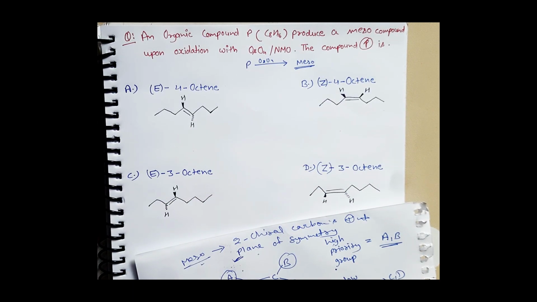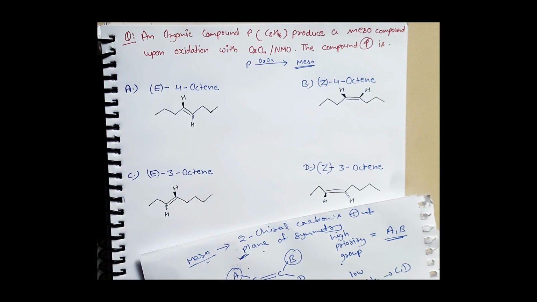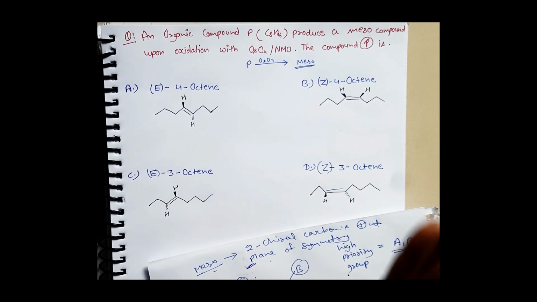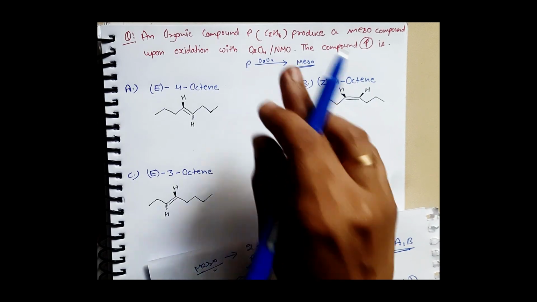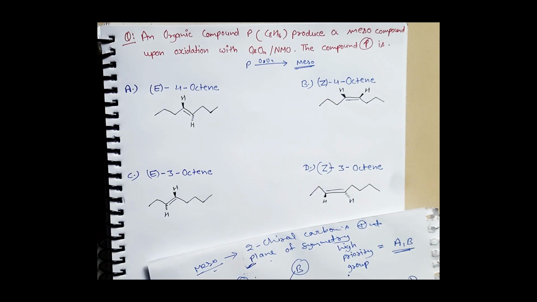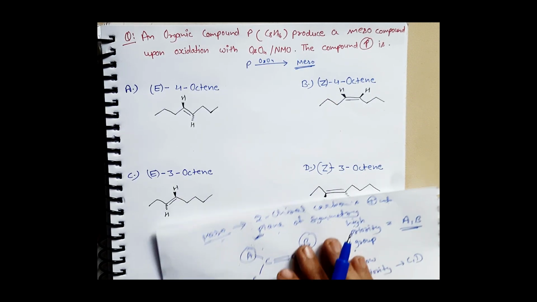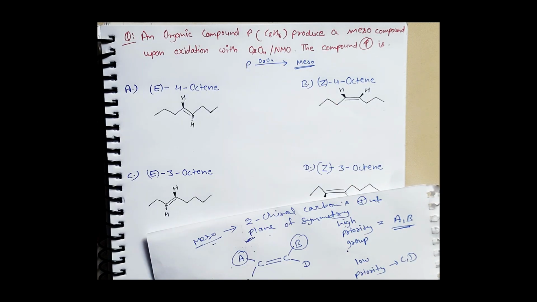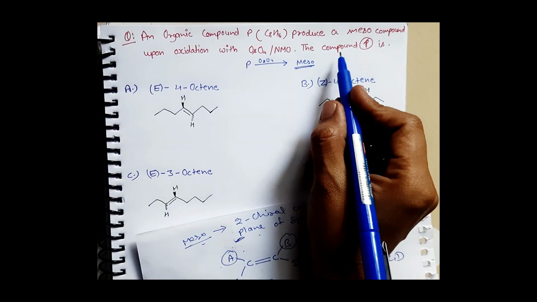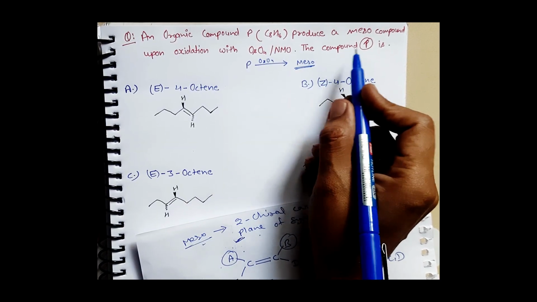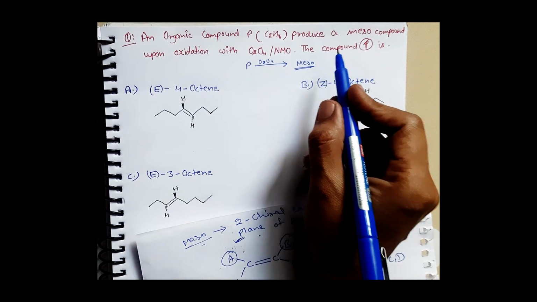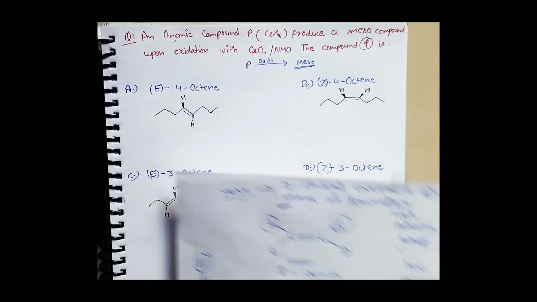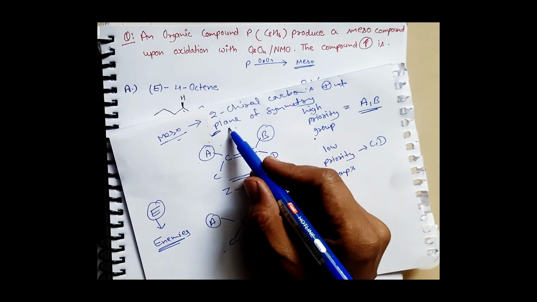It means our reactant is an alkene compound. Here they give four alkenes, and we know that osmium tetroxide gives diols. According to the question, at the end we get a meso compound, which has two chiral carbons and a plane of symmetry.